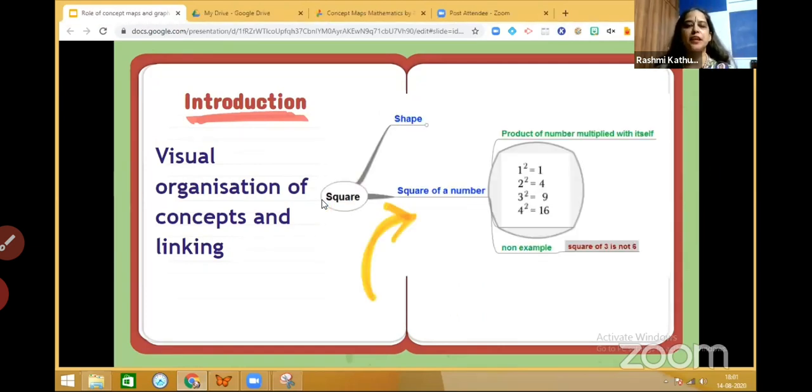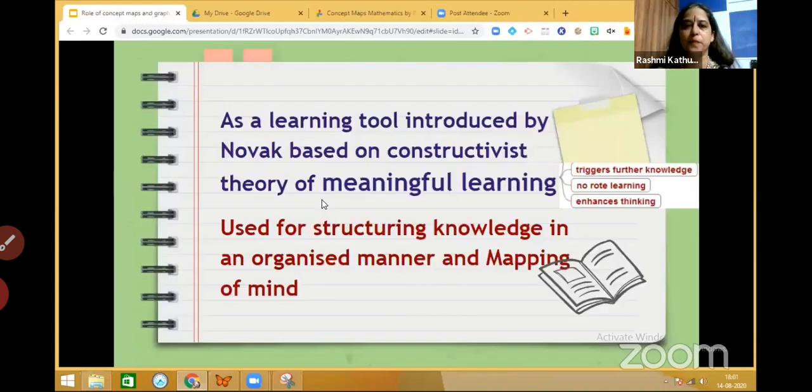Now, if you see visual organization of the concept and we try to narrow down the thinking, that is the cognitive part. So we say square of a number. At this particular point, we are not assuming the concept of a square in terms of the shape. In this way, we try to organize the information.